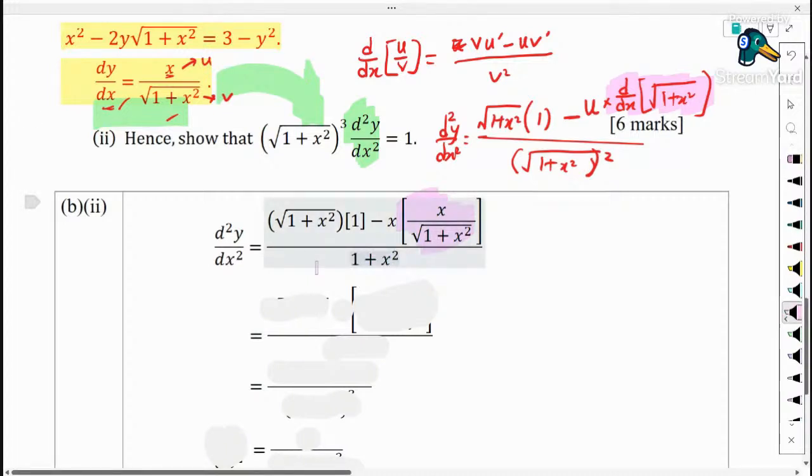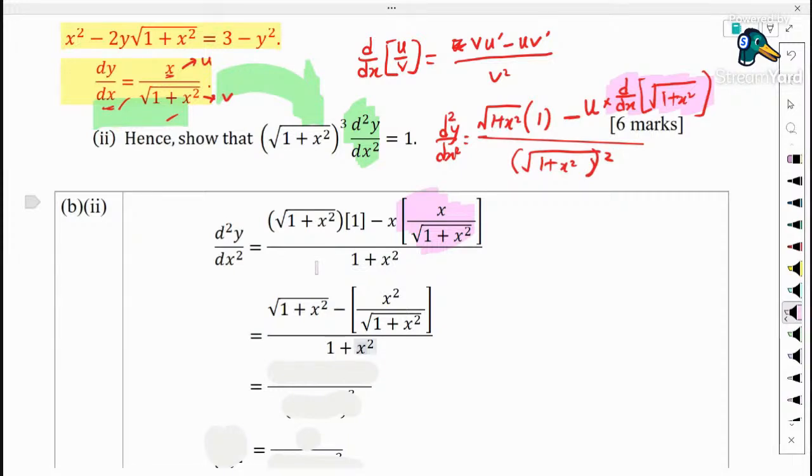And then the denominator, we square it. This is the answer. Further simplifying, you find out that this is what we have for top and bottom. Again, I put brackets there for the smaller fraction on top so that you can see clearly which fraction is within another.